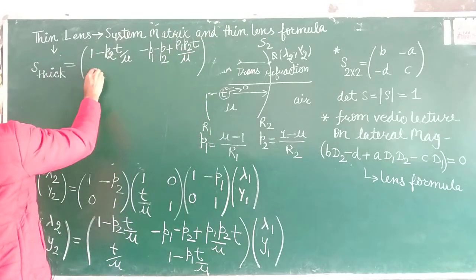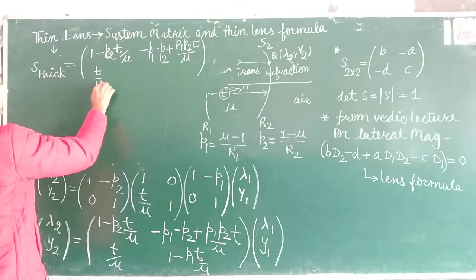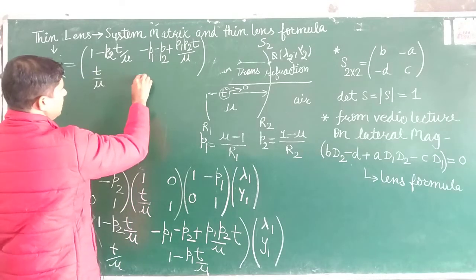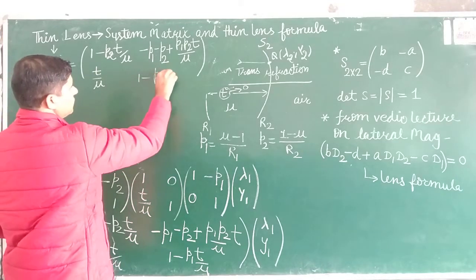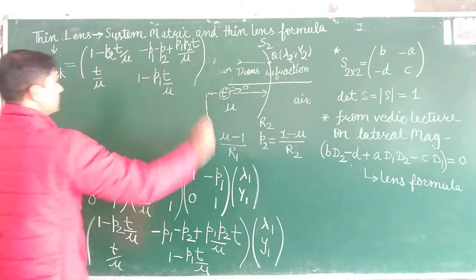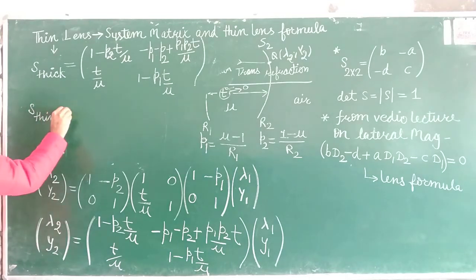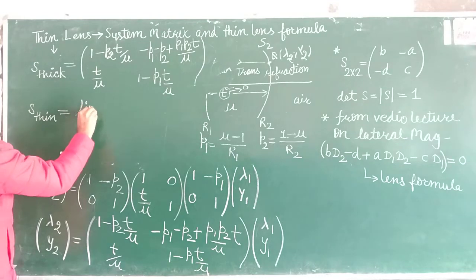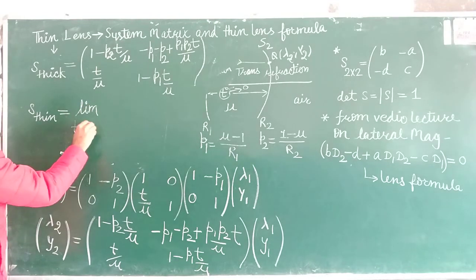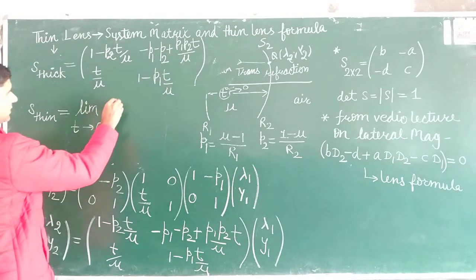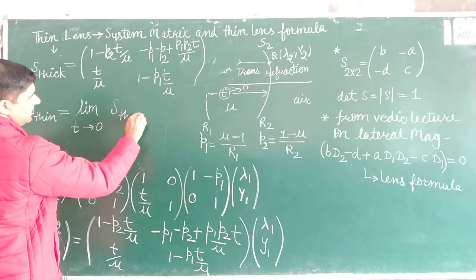And here you have T by mu, and here we have 1 minus P1 into T by mu. So in this way we are to obtain now the system matrix for thin lens. This will be a particular case when T tends to 0.